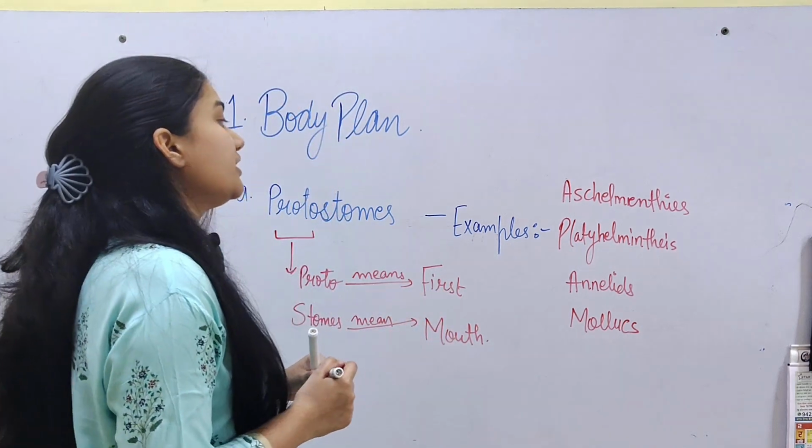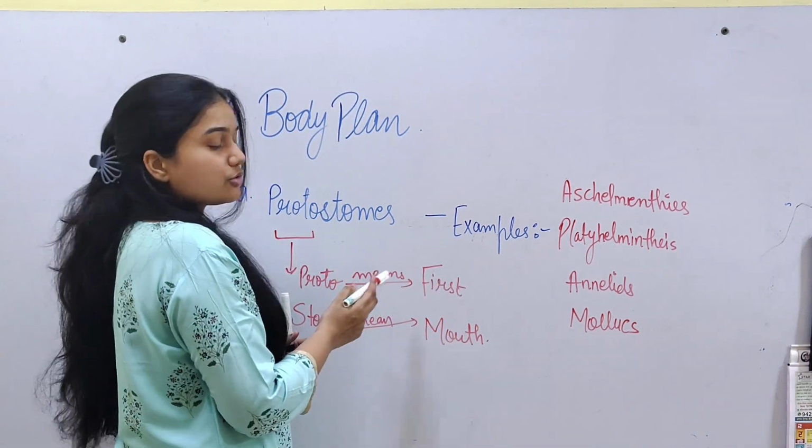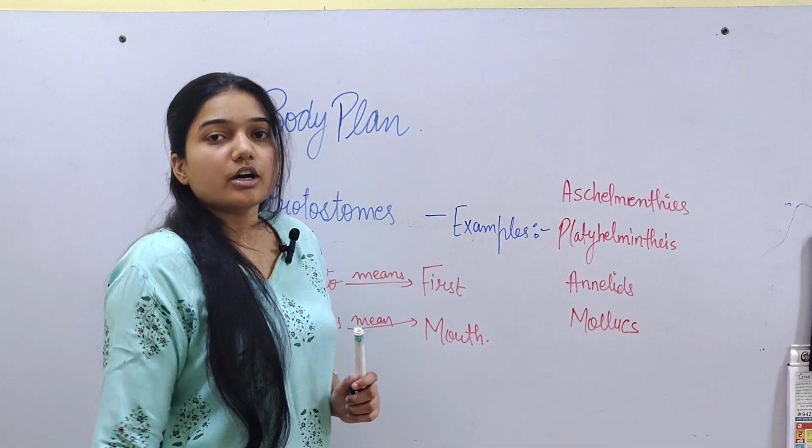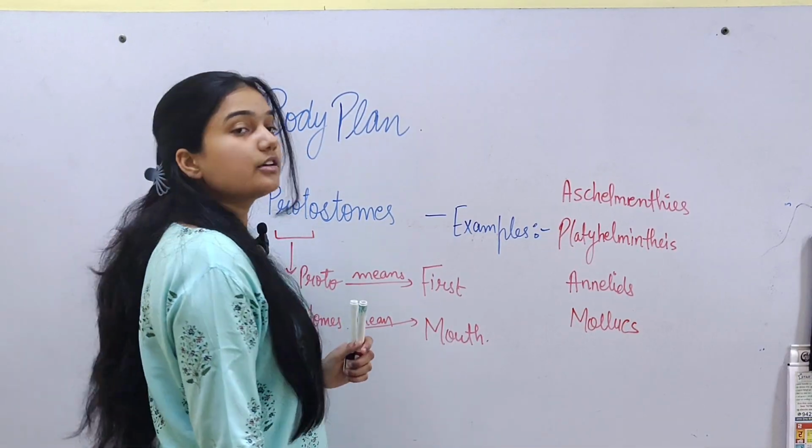These are the phyla in the animal kingdom which contain the protostome. So simply, proto means first and stomes means mouth. Now we take the next.